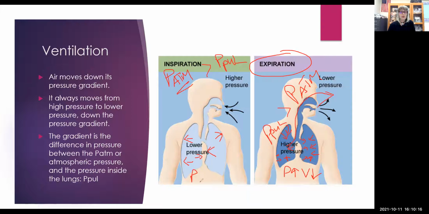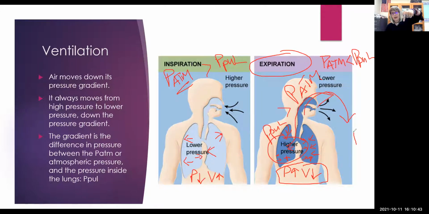Here, pressure is down, volume is up. Here, pressure is up, volume is down. Lungs are recoiling. Here, PATM is less than P-pul. So we go down the partial pressure gradient, from higher pressure inside to lower pressure outside. So that's how that works.